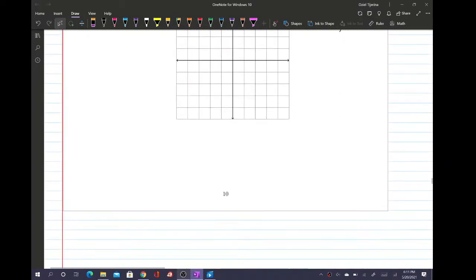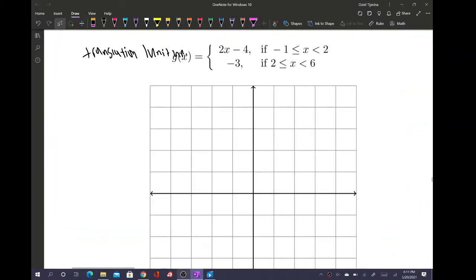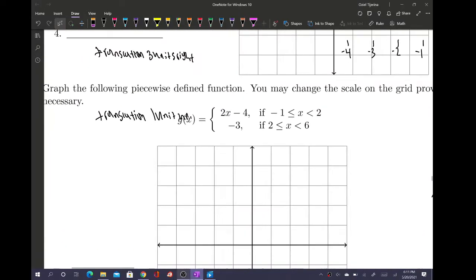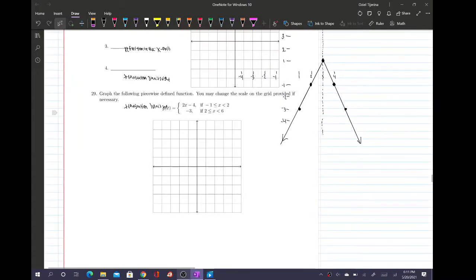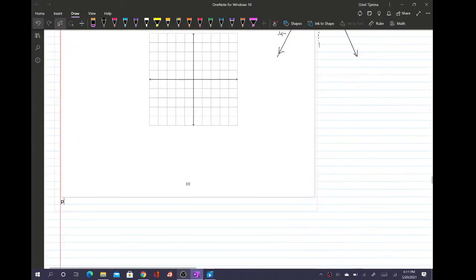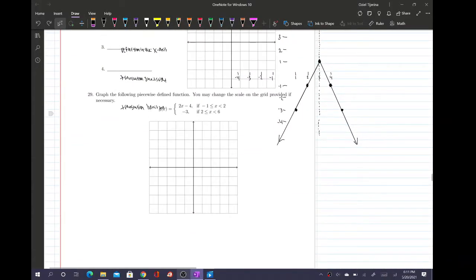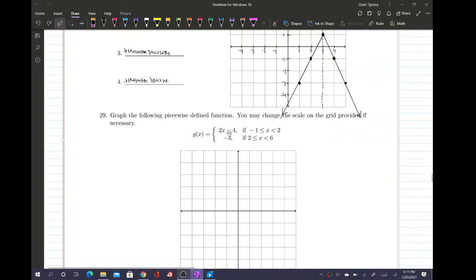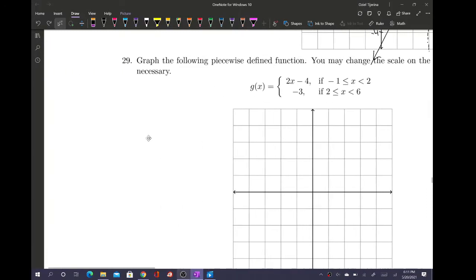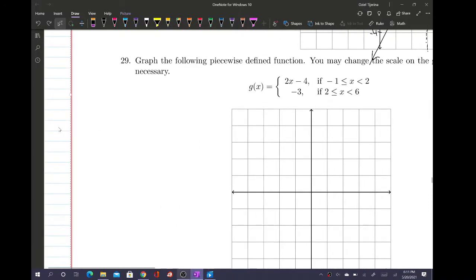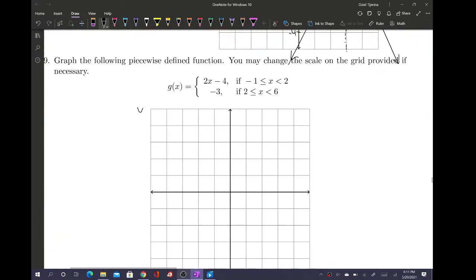This last one where we have to graph this piecewise function, and then this will be it for this video, excuse me. So let me go ahead and do this very quickly.